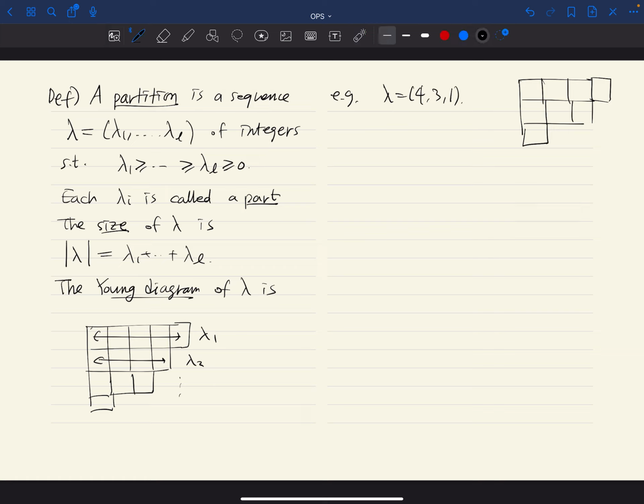Okay, and the transpose of lambda is denoted by lambda prime.